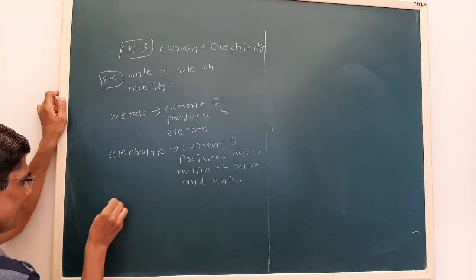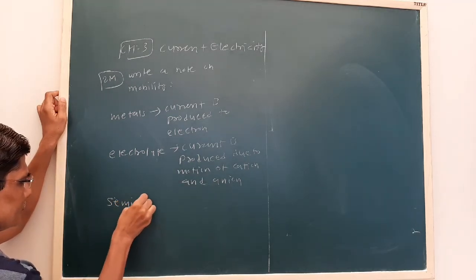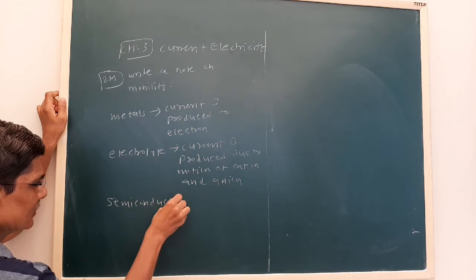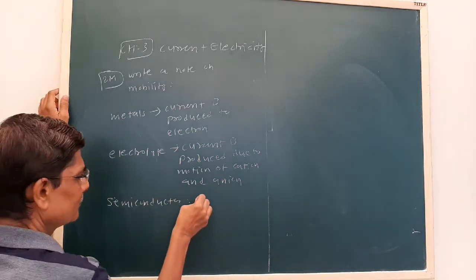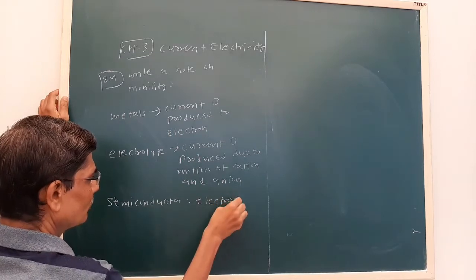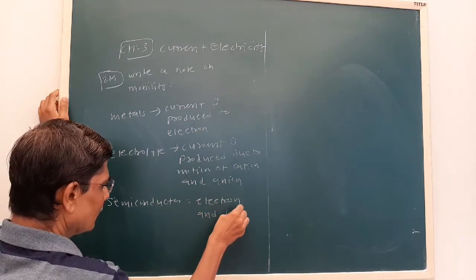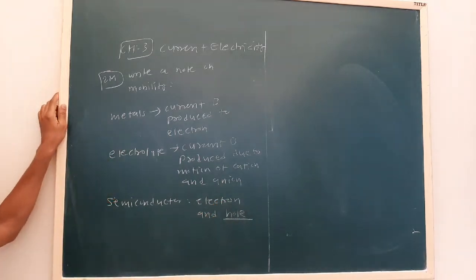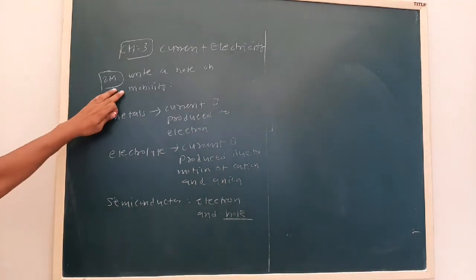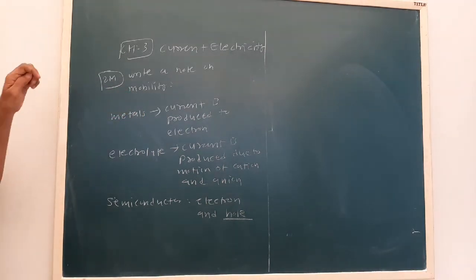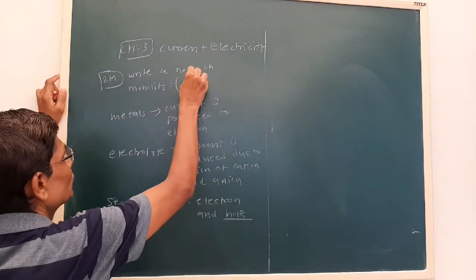And in semiconductors, now we have a separate lesson dedicated to this. In semiconductors, current is produced because of electrons and holes. Now this one is new for us, but that we'll study in detail in lesson number 14. Now coming back to our mobility here. Mobility is denoted as mu.